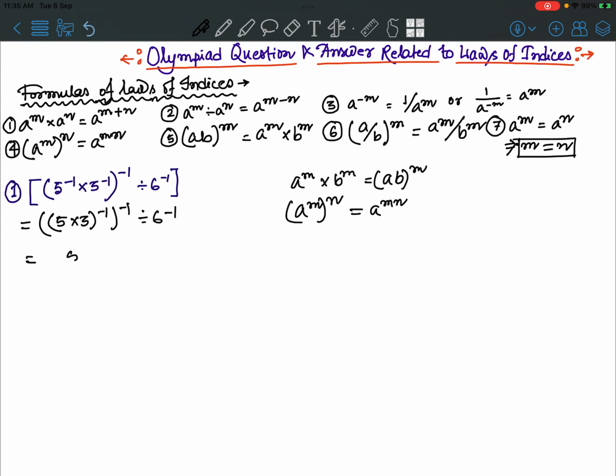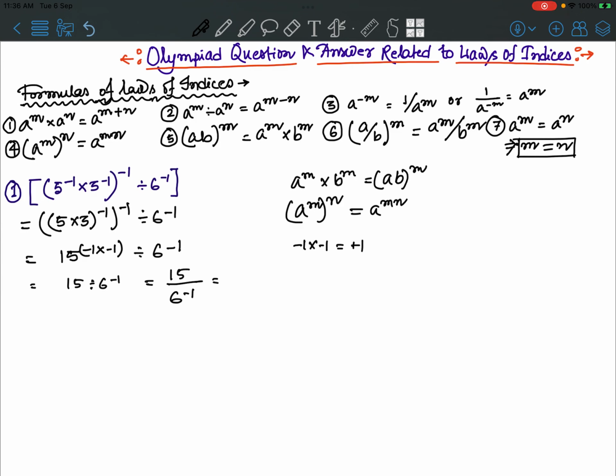That means (5 into 3) is 15, to the power minus 1 into minus 1, divided by 6 to the power minus 1. Then we can write it as only 15, because minus 1 into minus 1 equals plus 1. So, 15 divided by 6 to the power minus 1.